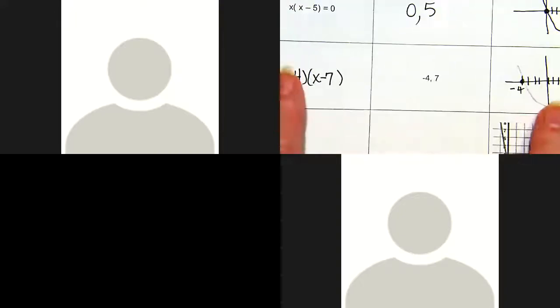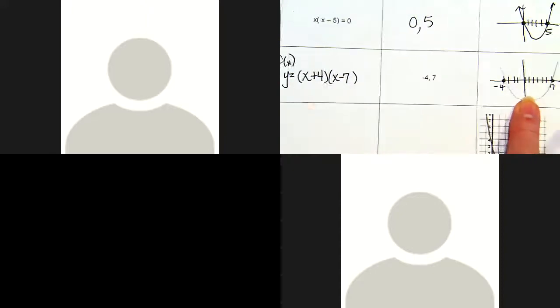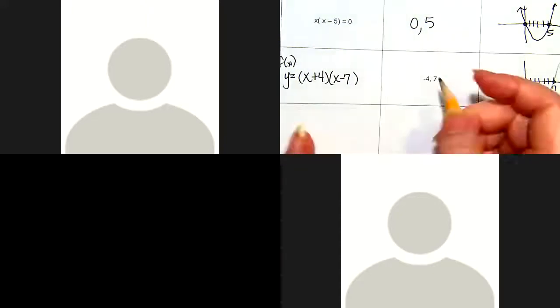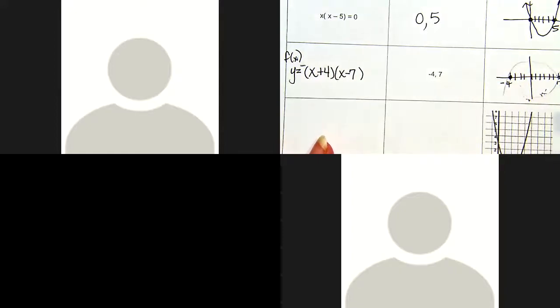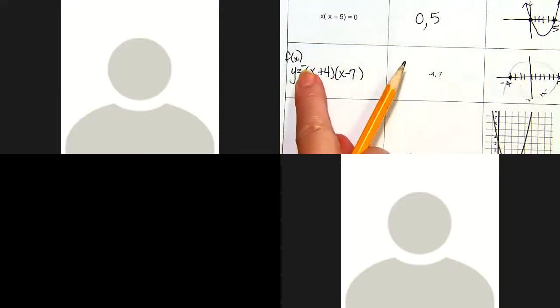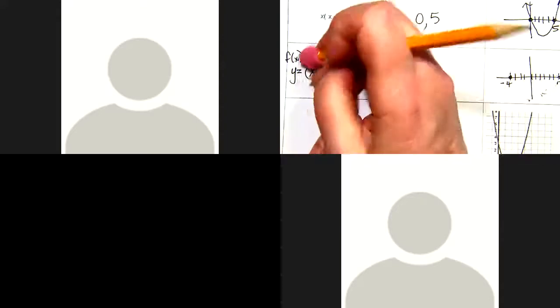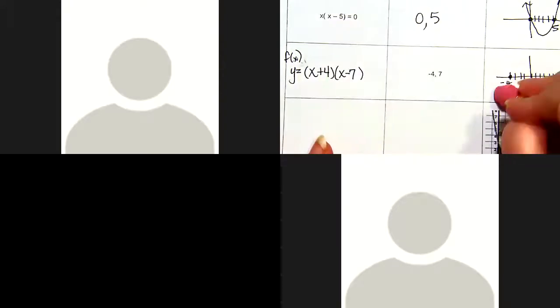So these need to match. But actually, it could have a negative here, and if it had a negative there, it would go this way. So this would also be a correct answer. If you're going to write one possible answer, we usually write the positive one, but really both answers are correct.